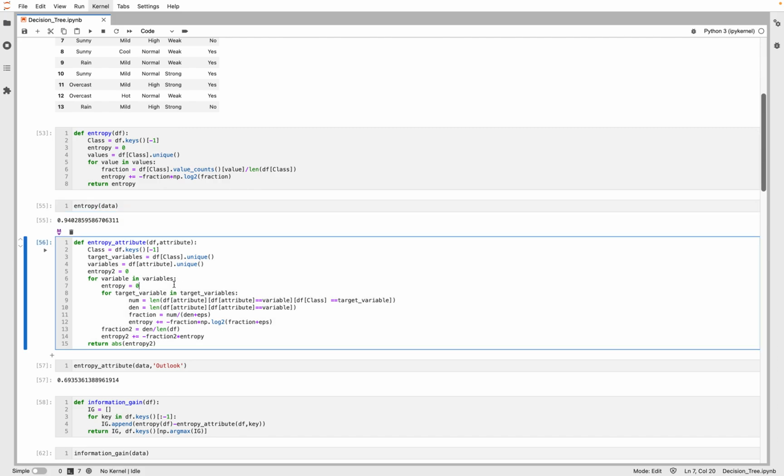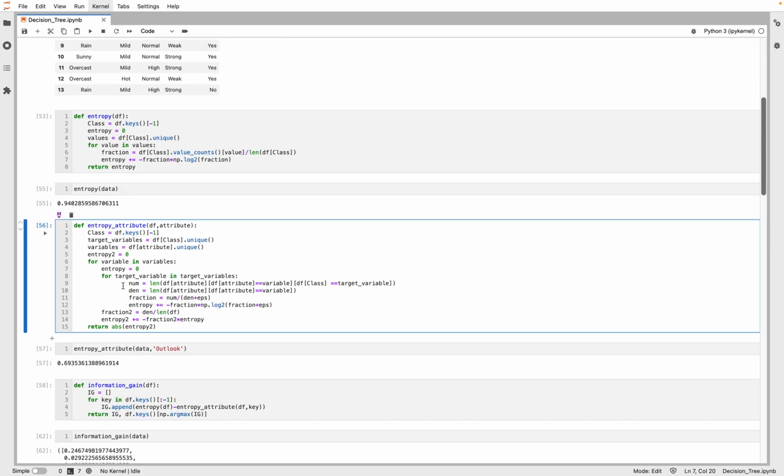Next, we define a function to compute the entropy of the attribute. Over here we have two for loops. The inner for loop is to compute the entropy for each value of the attribute. For example, sunny outlook, overcast outlook, and rainy outlook.